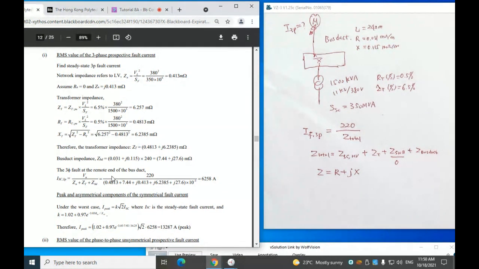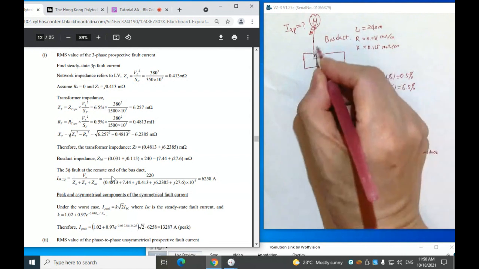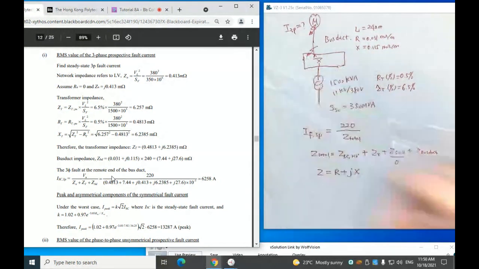And for this circuit, the least impedance is observed if you have a fault at the beginning of the circuit. So the fault at the origin of the circuit will generate the largest fault current.